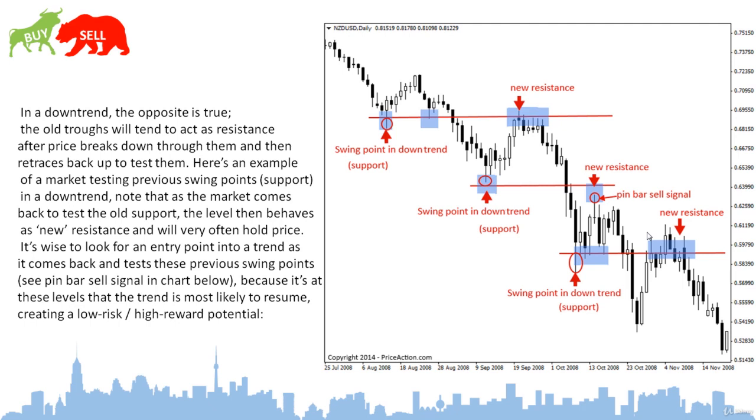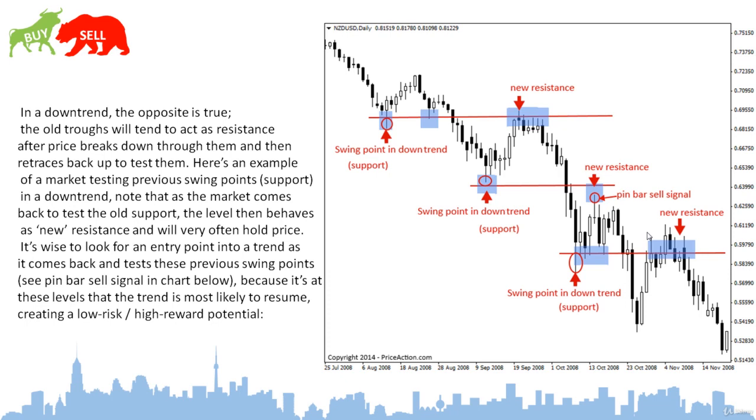It's wise to look for an entry point into a trend as it comes back and tests this previous swing point. See the pin bar sell signal in the chart below, because it's at these levels that the trend is most likely to resume, creating a low risk, high reward potential.